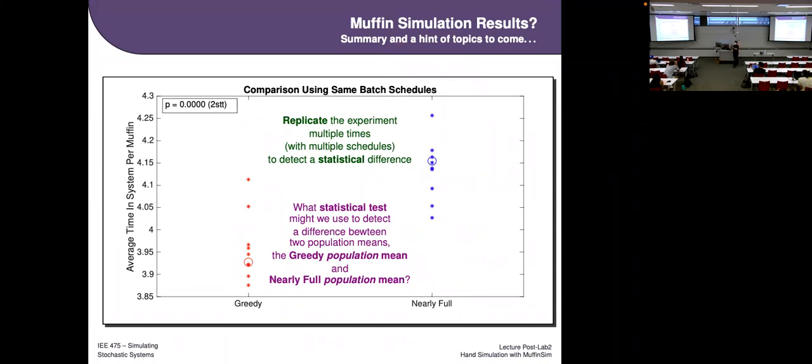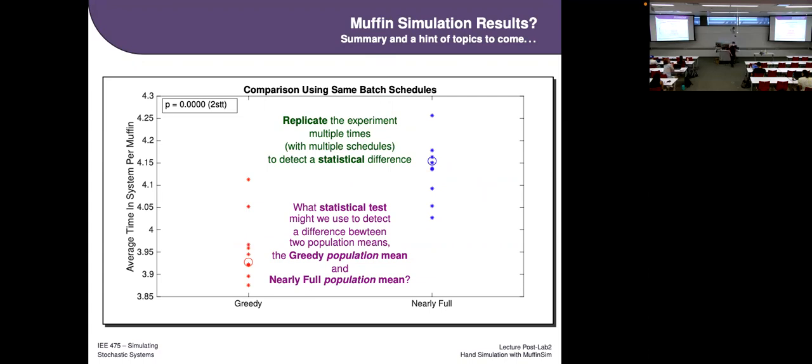What is that test? The t-test, right. So I could do a so-called 2-sample t-test with these data. And that would be the test I would do. If it came out with p less than 0.05, then I could say that this set of points likely came from a distribution whose true mean was greater than this set of points.